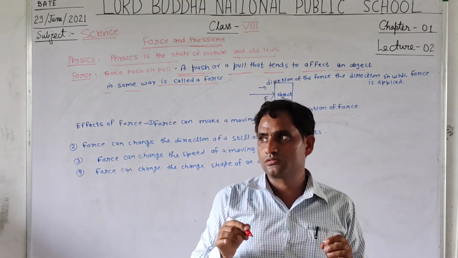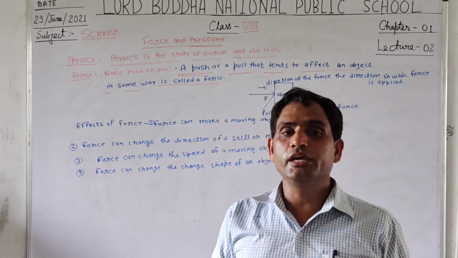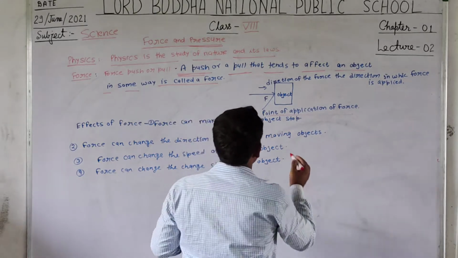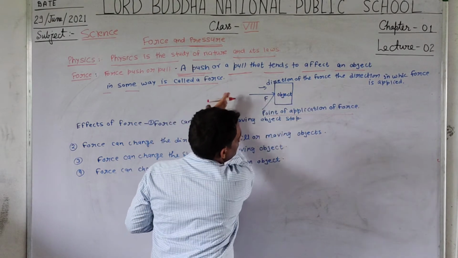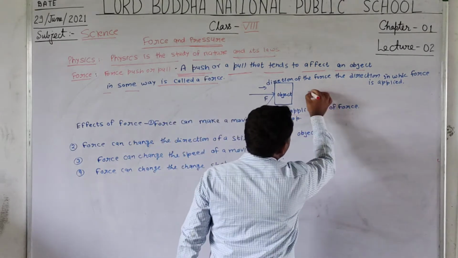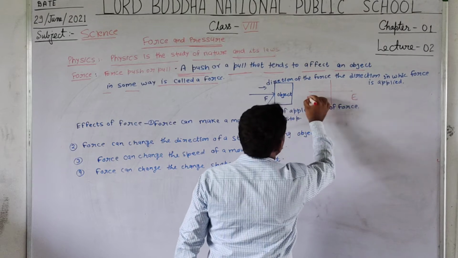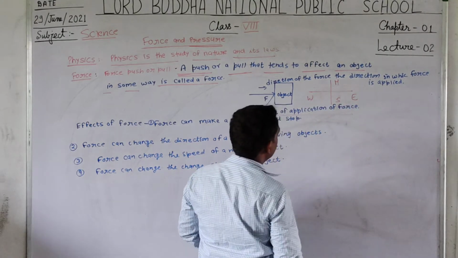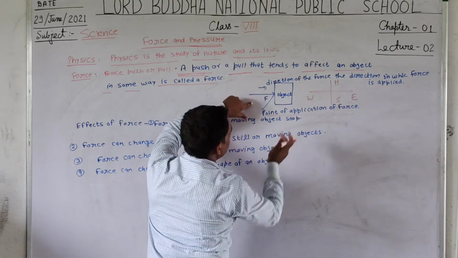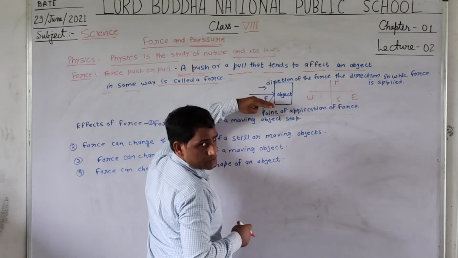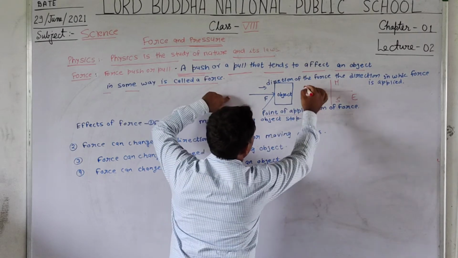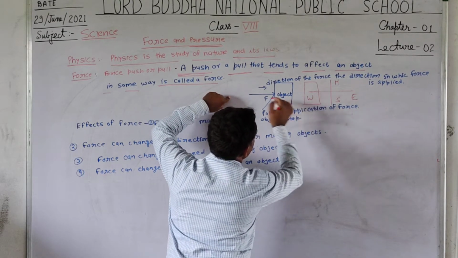The direction of force is that in which the force is applied. In this condition, there is the object and we apply a force. If we present the directions east, west, north, south, in this situation the direction of force will be east, and that is push, because if we apply the force in that direction, the object moves away from the source.